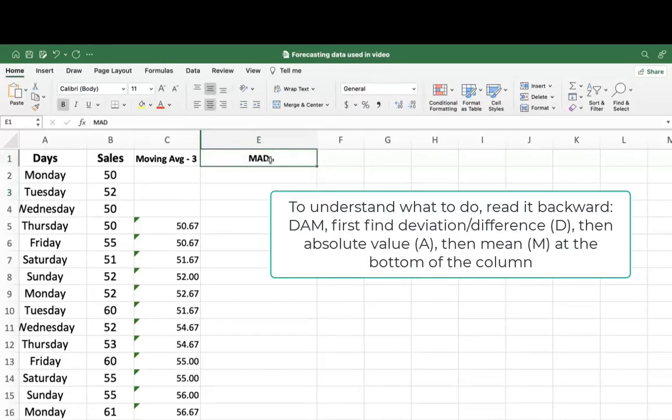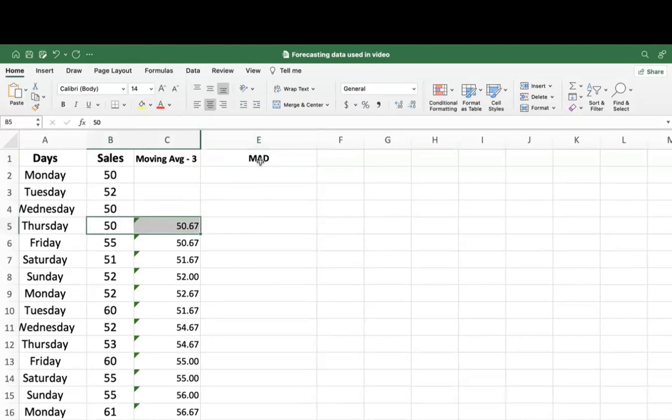MAD, you read it like DAM. So what is D? D means deviation. Deviation of what? Deviation of actual and forecast, which means how much is the difference? So that's the first thing you have to do. And then A for absolute. Absolute means taking away the negative sign from a value. And M stands for mean or average.